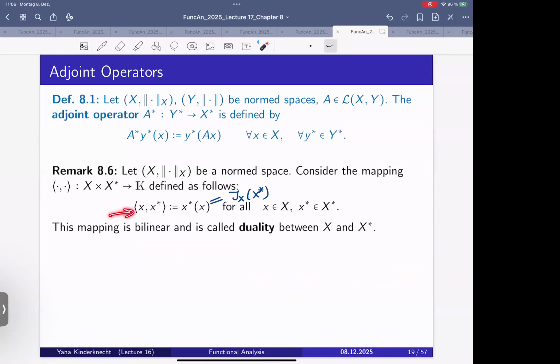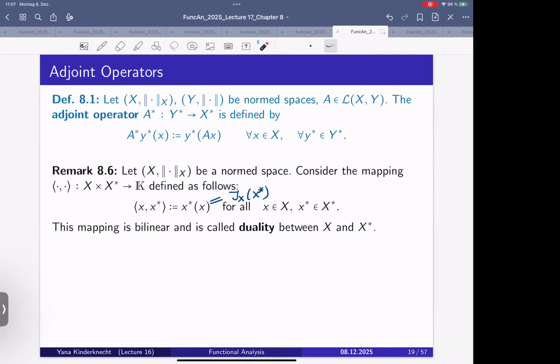So here you do not specify what you consider as a point and what as a continuous linear function. So you may change the roles. And in the sense, they are equal. Oh God, my English is not that good, but I hope you understand what I mean. So this is a kind of symmetrical notation where you may choose what is your point, what is your linear function.